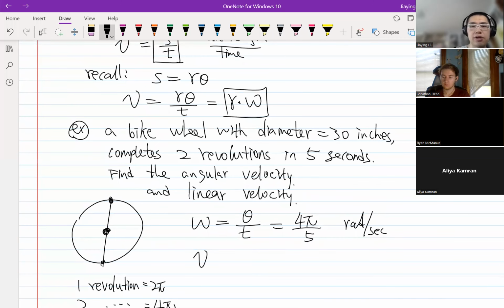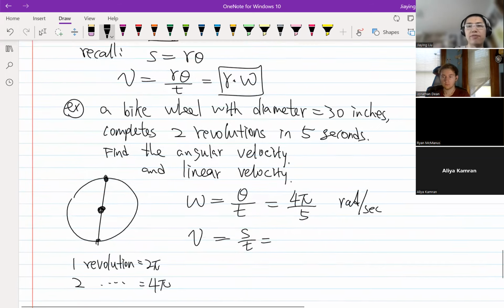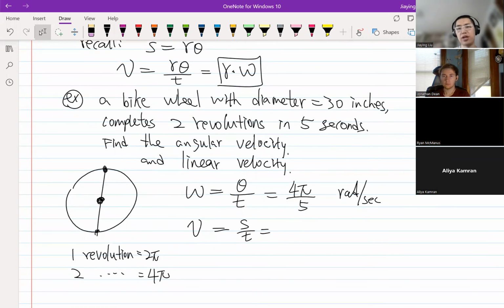The linear velocity on the circle is S divided by T, and S is the arc length for 2 revolutions. That's really just 2 circumferences, so 2 times 2 pi times radius. The radius is 30 over 2, the diameter over 2, and then we divide by the time, 5 seconds.